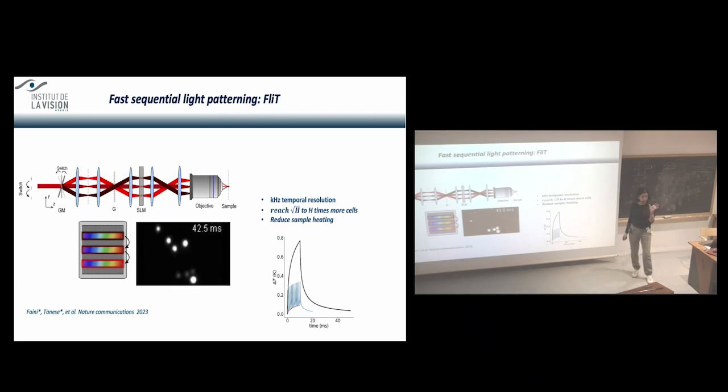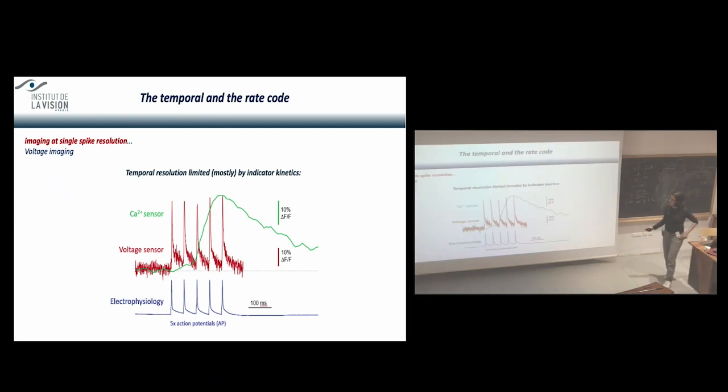But now what we are missing is the precision in the imaging. If I want to produce this very precise pattern, I also need to see what is happening with the same temporal resolution. And if you remember, we have two options to watch what happens in the circuits. One is using calcium imaging, and the other one is using voltage imaging. There is a major difference between those two probes in their temporal dynamics.